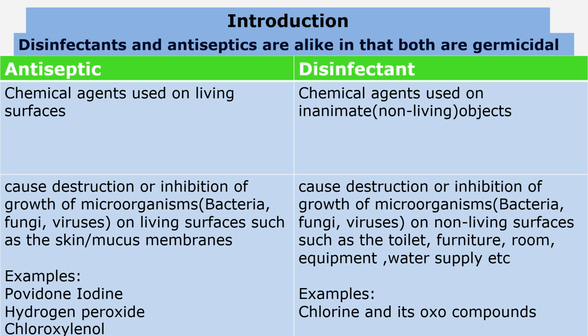We have the furniture where people sit, rooms, equipment, water supply. You can also disinfect your water so that it is fit for drinking. Examples of compounds that you can use include chlorine and the related compounds. An example of these related compounds is sodium hypochlorite.